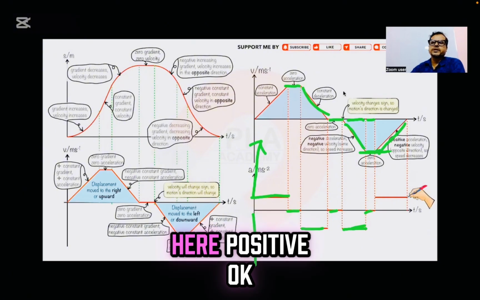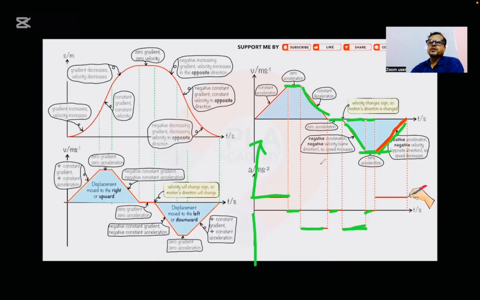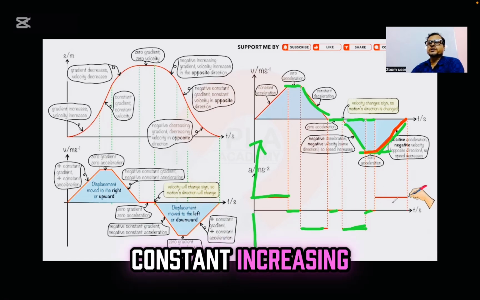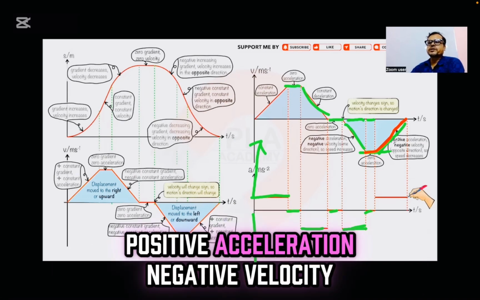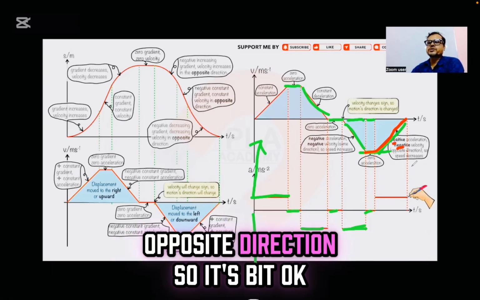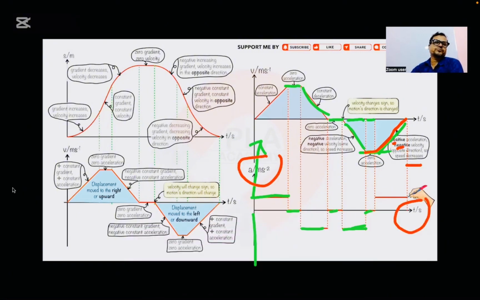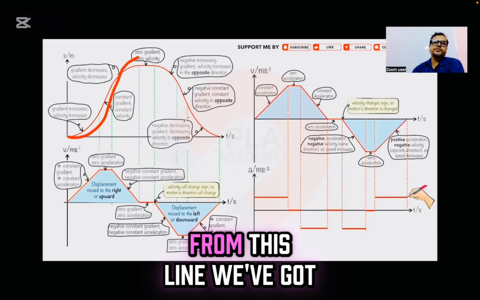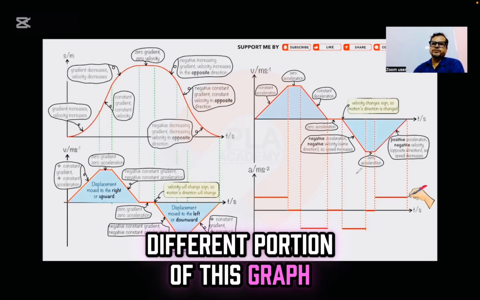Look here, positive, again upward, increasing, decreasing, constant, increasing. Positive acceleration, negative velocity, opposite direction. Okay, this is time, this is acceleration. We understood what I have said. From this line we have got this, and I have explained different portions of this graph.